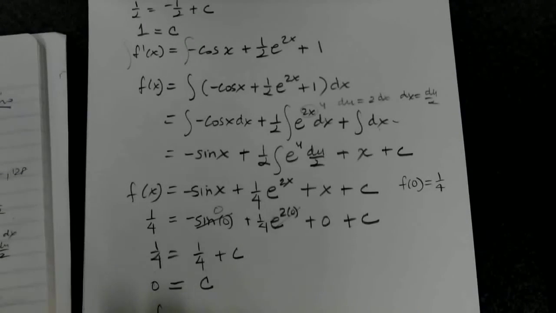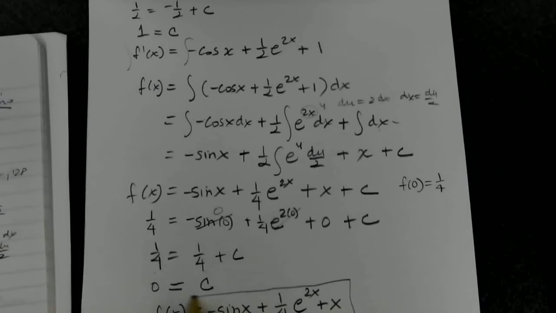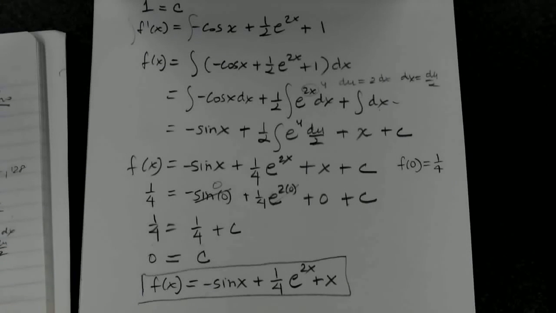So my final function, f of x, is equal to negative sine of x plus 1/4 e to the 2x plus x, and c is 0. And that's how you find a particular solution given those conditions.